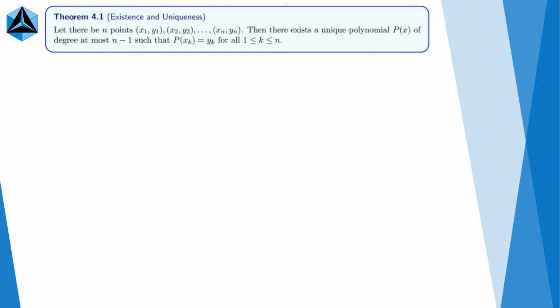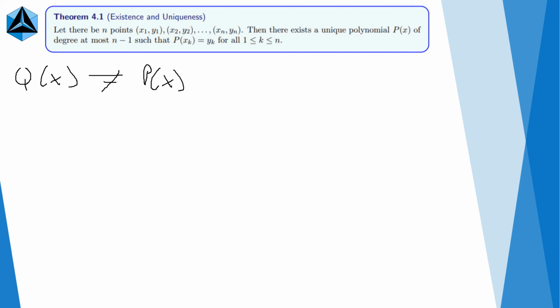This proof is going to be a proof by contradiction. Let's say there's another polynomial q of x that also interpolates the points, and this polynomial is not equal to p of x, so they're not the same.